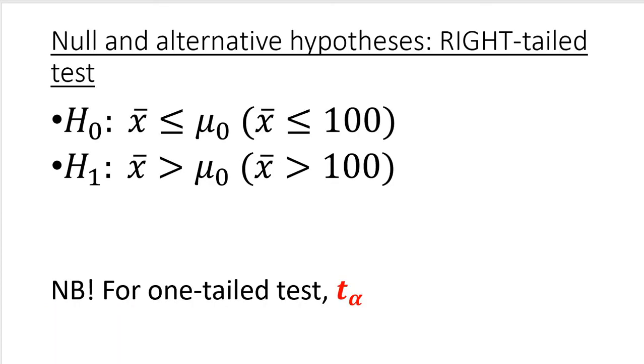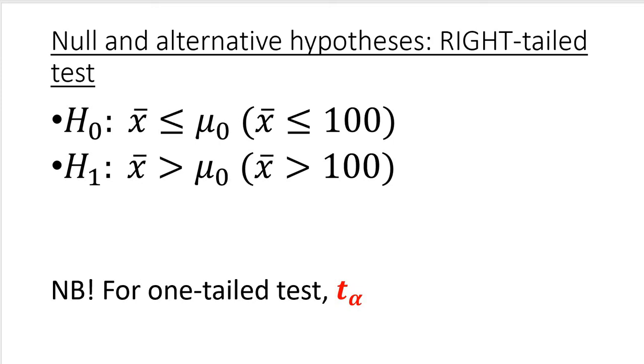So naturally, we are going to formulate the null hypothesis and alternative hypothesis in a different way. Now the alternative hypothesis would state that the average score is bigger than 100. This is our specific area of interest. And the null hypothesis, consequently, would state that the mean score is smaller than or equal to 100.